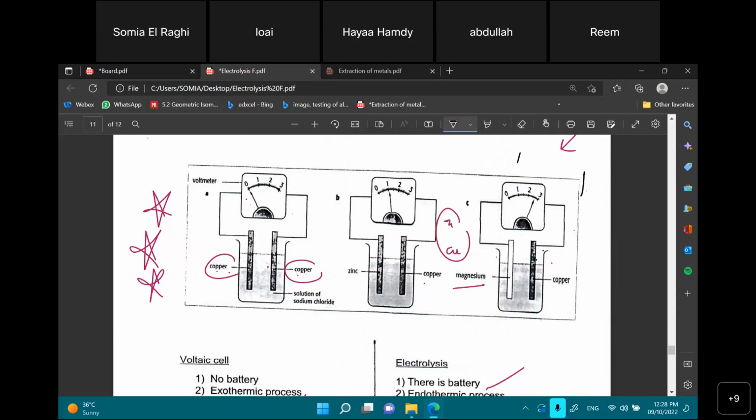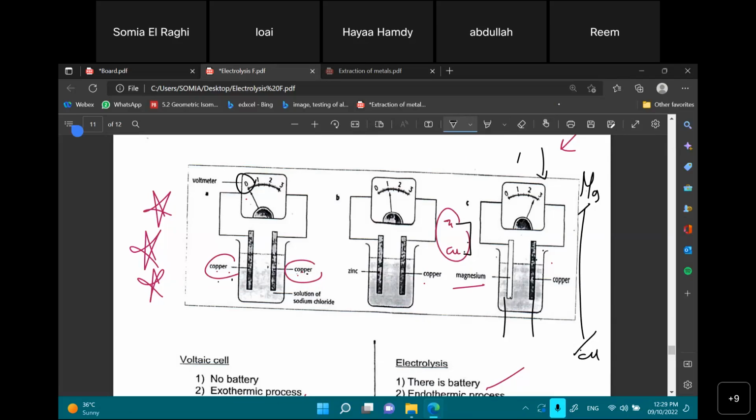I have magnesium on the top, while copper is in the bottom. You see this distance? It's called difference in reactivity. By using two metals with large difference in reactivity, voltage increases. This one is a little bit closer. And here I have the same metal, so 0 volts.